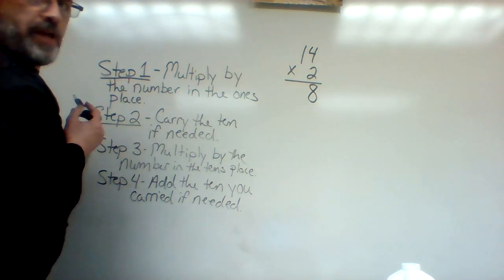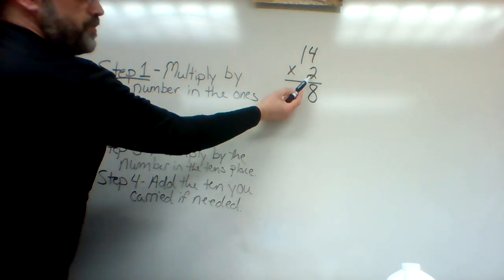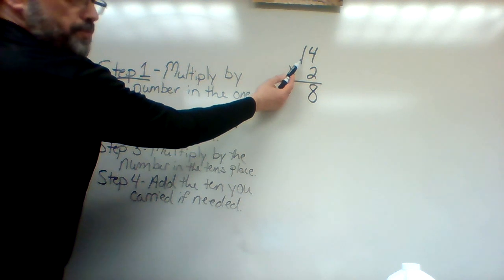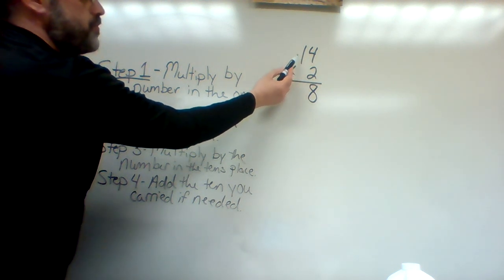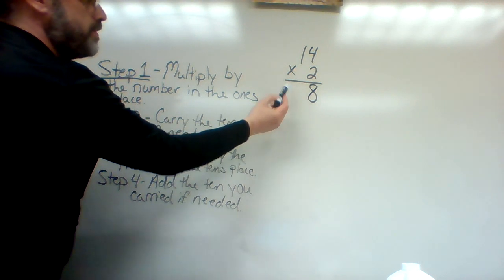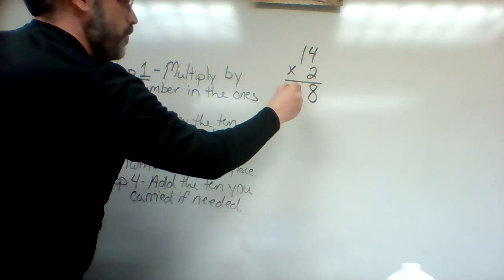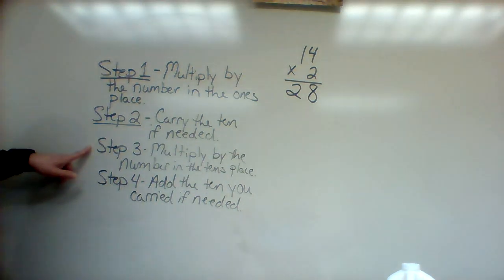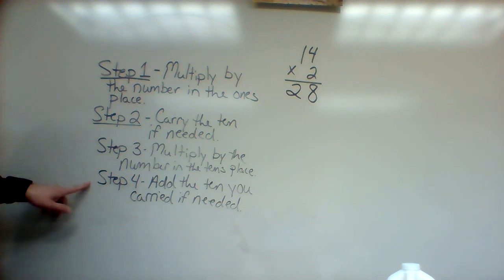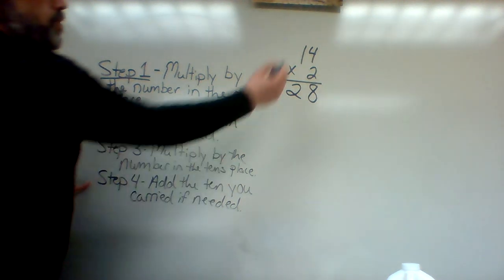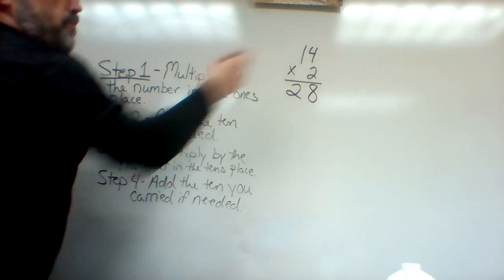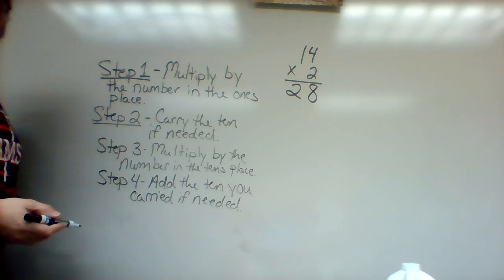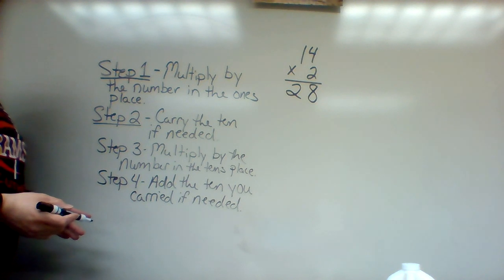The 1 is in the tens place, so I'm going to take my single-digit number 2 and multiply it times the 1 that's in the tens place. 2 times 1 is 2, and that answer goes down in the tens place right there. And then, step 4, I add the 10 I carried if I needed. Well, I didn't have to carry anything here, right? So I'm done. 14 times 2 is 28.